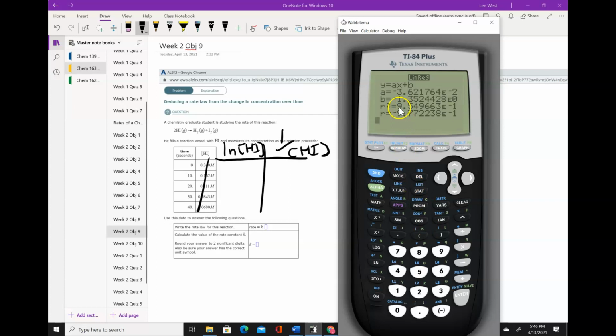And again, it's better, it's more linear, but it's still not 1. So it is not first order. So we kind of know at this point that it's got to be second order, but we're just going to double check. Stat, calc, number 4, list 1, and then 1 on the concentration was list 4.